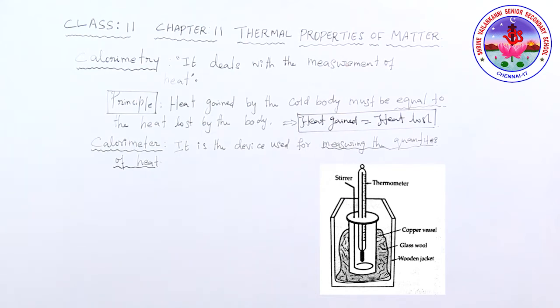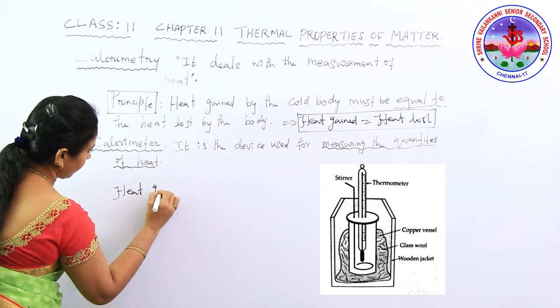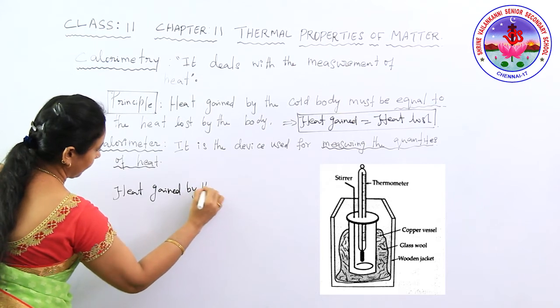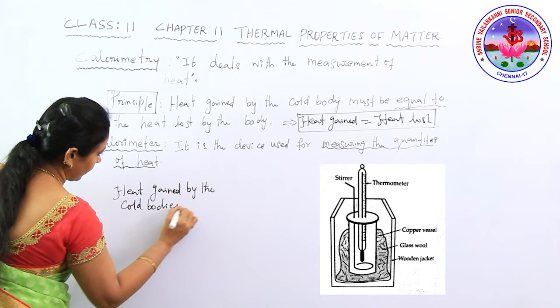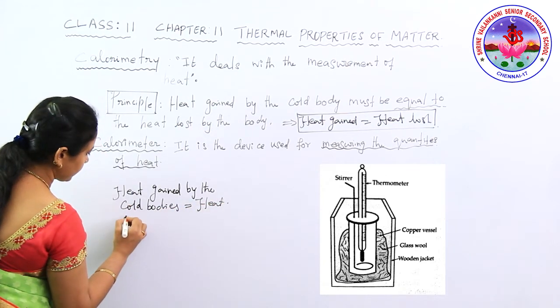If there is no loss of heat to the surroundings, then according to the principle of calorimeter, as we said, the heat which is gained by the cold bodies is equal to the heat which is lost by the hot bodies.